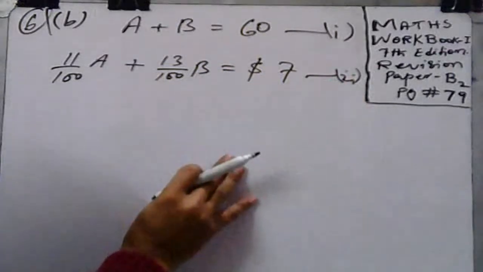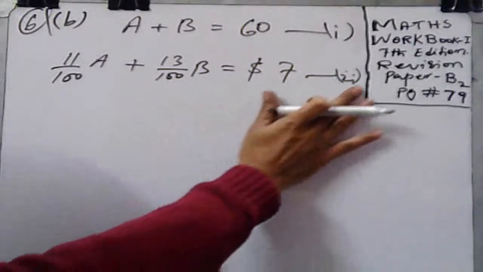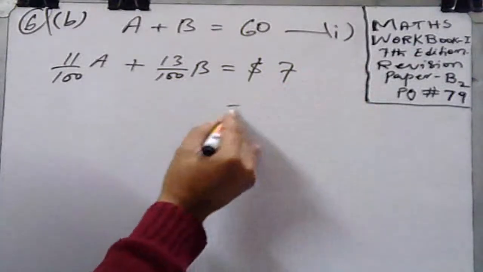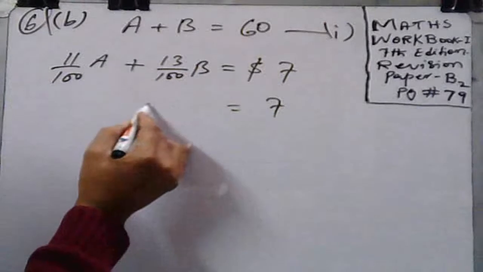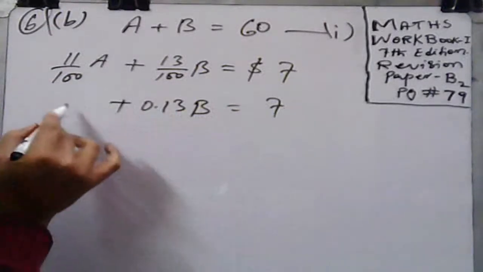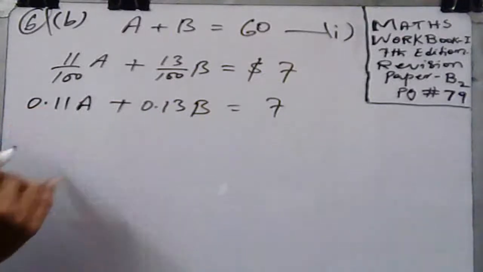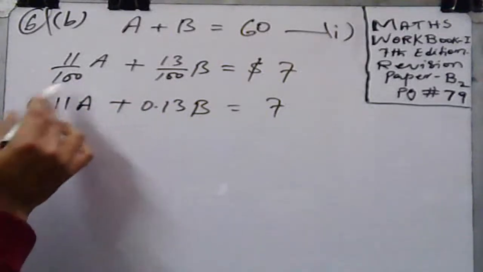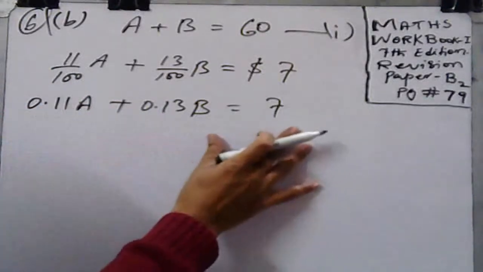After simplification, 0.13b plus 0.11a equals 7, because after division you will get 7. So that is your equation number 2.